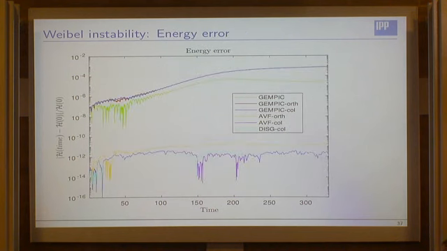And now we look at the conservation. So we have the energy error, and there it is exactly as said by the theory. If you use what we call here GEMPIC, so that is the version where we have the Hamiltonian splitting, so we don't have an energy conserving method.